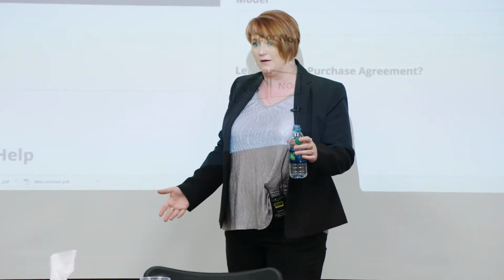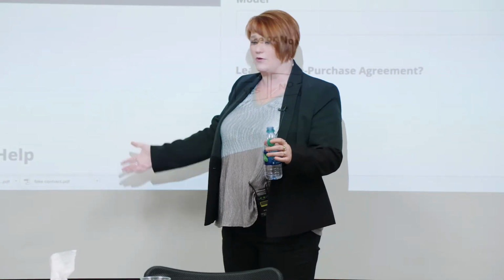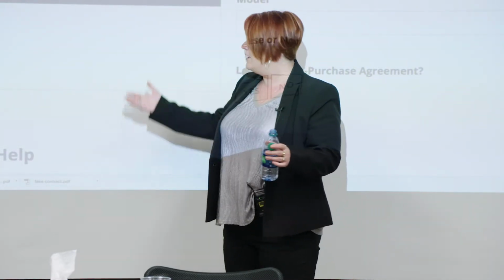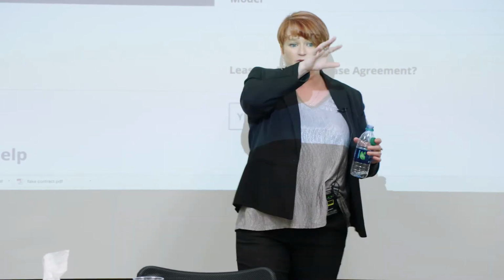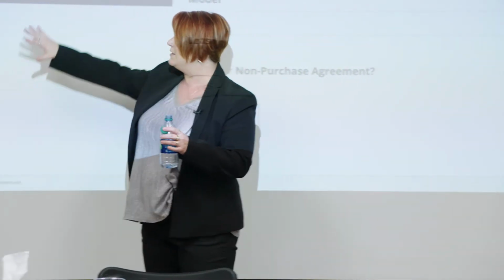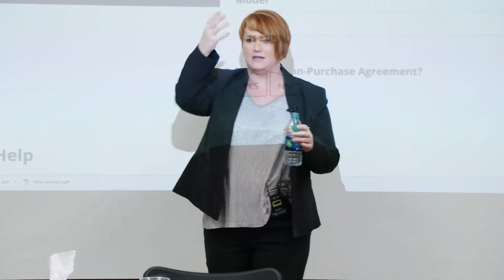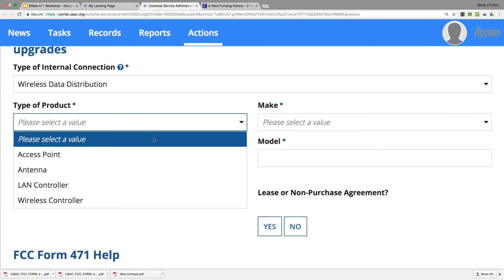That would be software. Or you could put it down as wireless controller, I think it would go through. But please know, if you have a software piece for each device for it to maintain it, you need to apply for that too. We have a handful of districts who purchased access points and the wireless controller, not knowing, but didn't realize they needed those other CALs, and they had to pay that out of district funds. So all of that would go under internal connections, wireless data distribution.